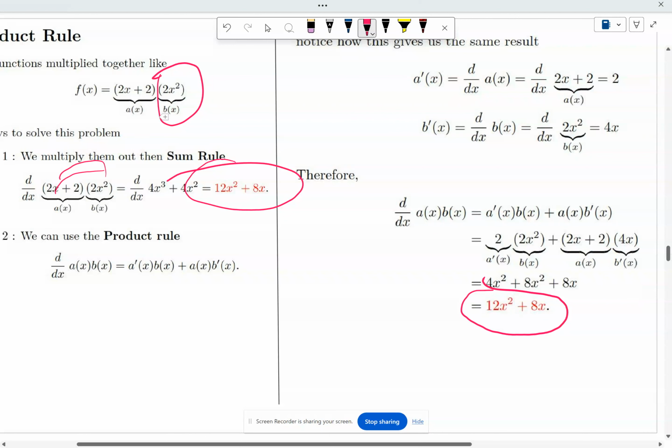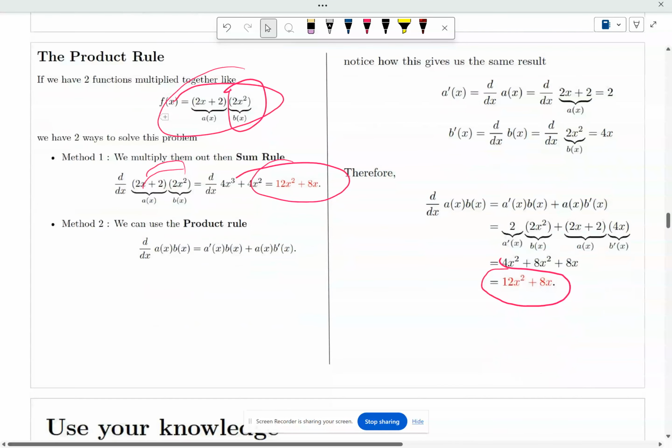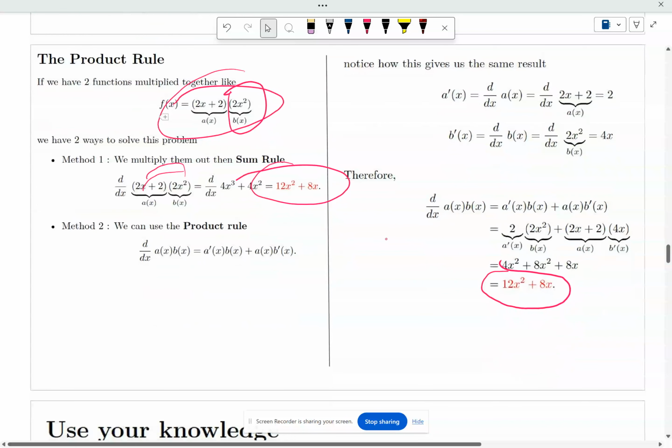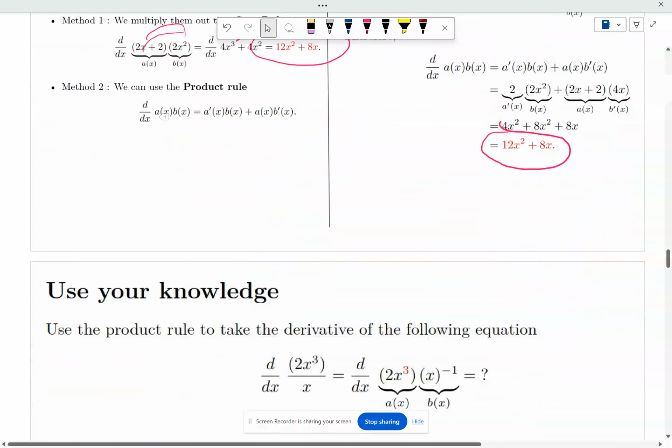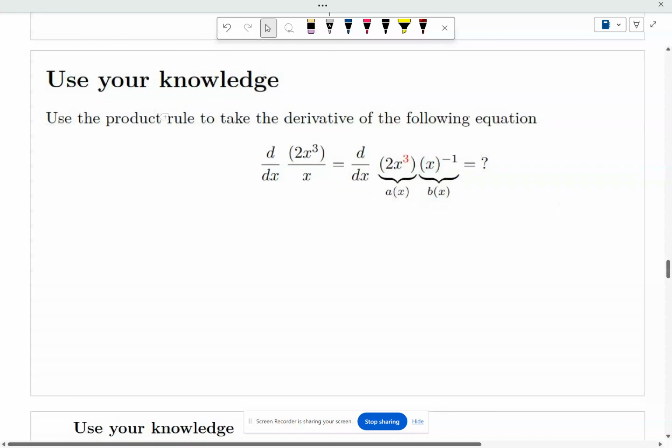And so the product rule, in many cases, will make your life easier. Okay? The product rule, sorry. I meant the product rule. Okay, so now let's try to use your knowledge of what you've learned so far and see if you can solve this, right? I would like you to use the product rule to see if you can get the result.